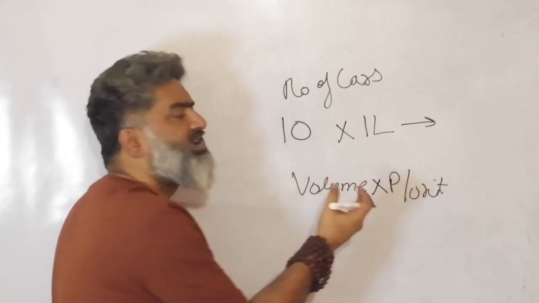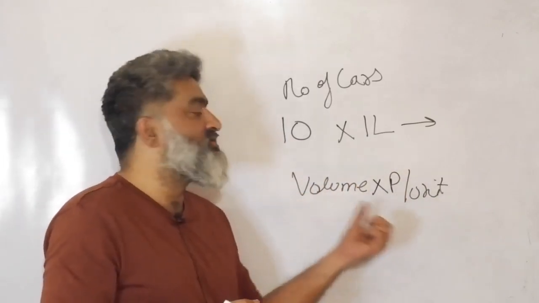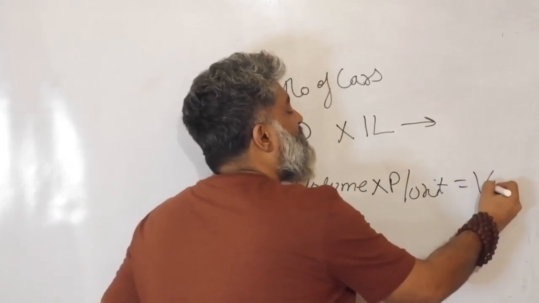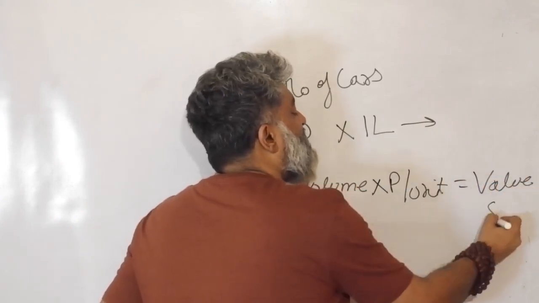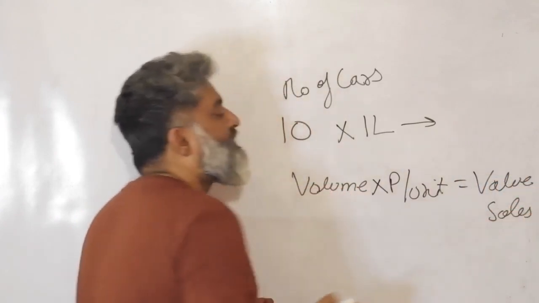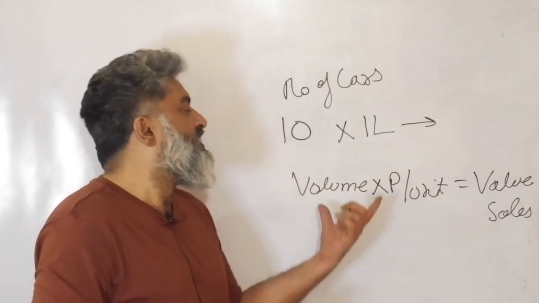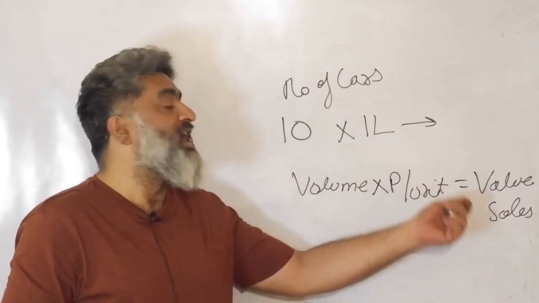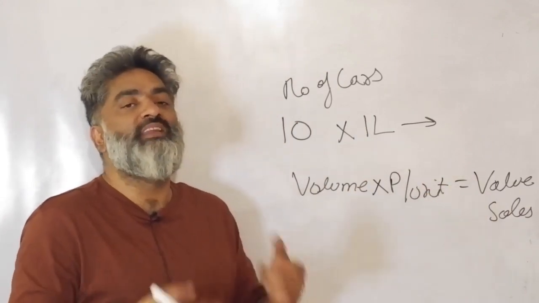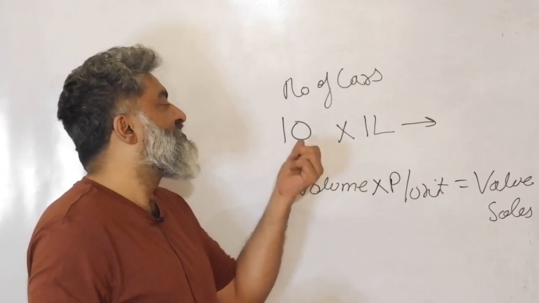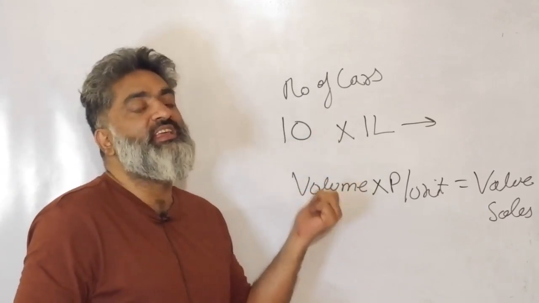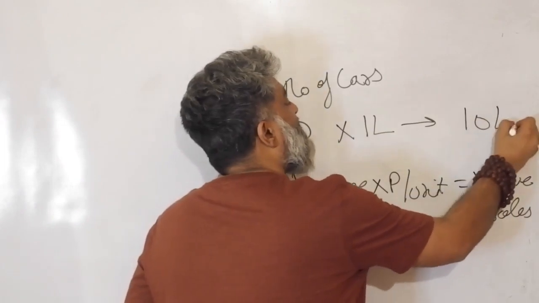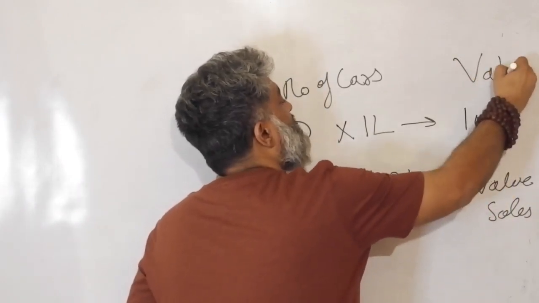In the beginning, it's better to capture all information. Volume into price per unit is equal to value. Value again in terms of sales, let's say, or the overall cost maybe. So volume by sales, how many units were sold? Value by sales, what was the money generated? So now imagine if you have 10 cars and you're selling each car for 1 lakh, the money generated will be 10 lakh, and this will be your value.